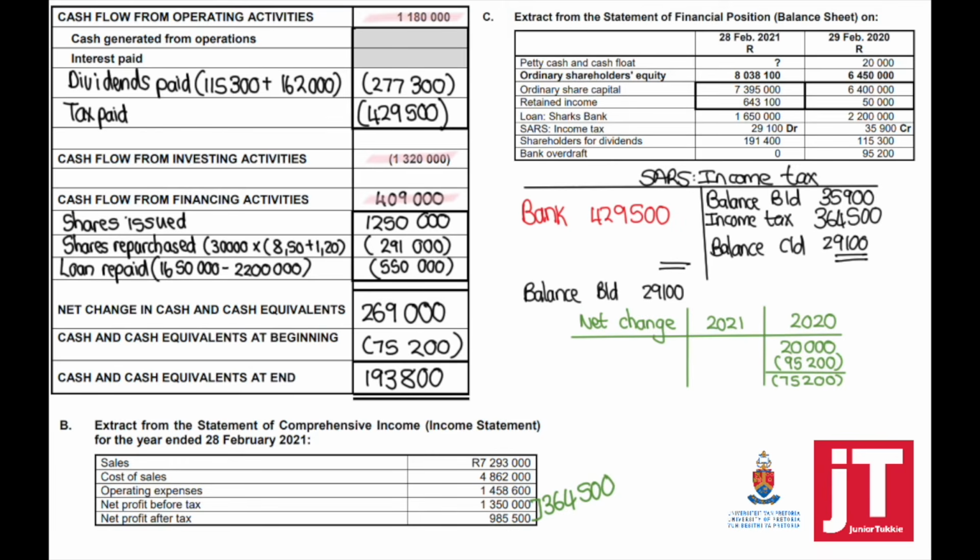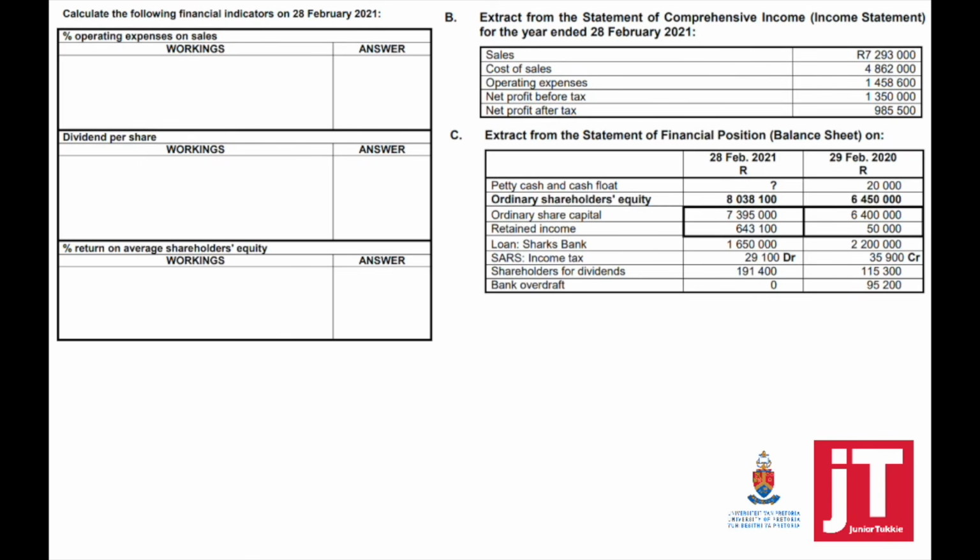Before we move on to the financial indicators, I'm going to remind you again, when we look at the cash flow statement, it is imperative: outflow, brackets; inflow, no brackets. Make sure that you show all your calculations in brackets to earn part marks. To calculate the following financial indicators, a formula sheet will be provided.